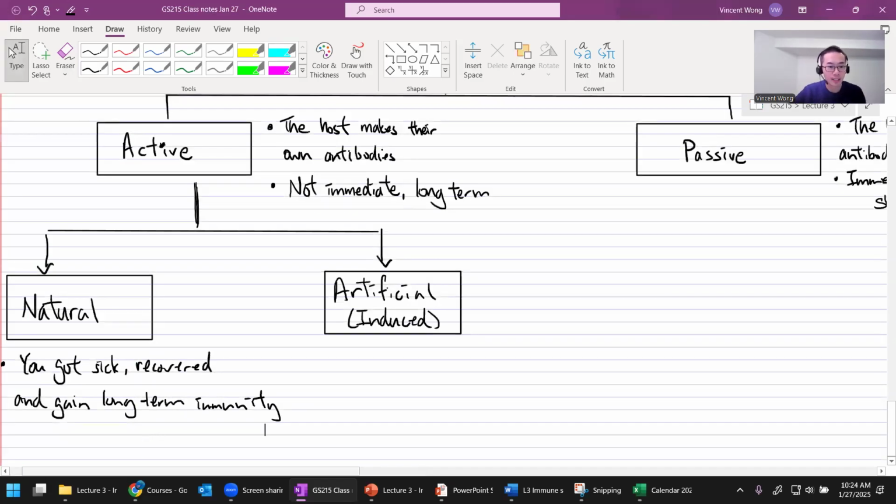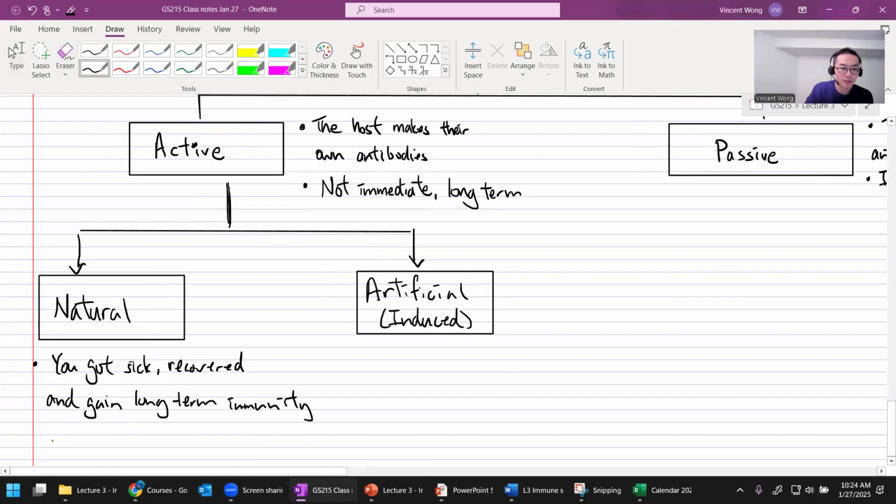My favorite example of this is chickenpox. If you get chickenpox and you recover from it, you're not going to get chickenpox again. You might get shingles, which is caused by the same virus, but let's not talk about that right now.